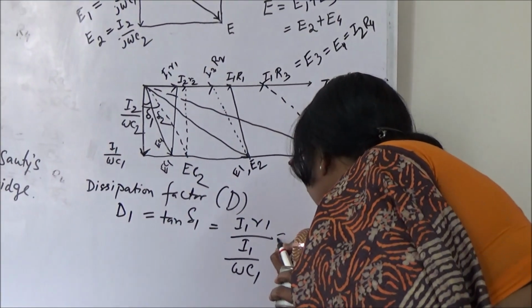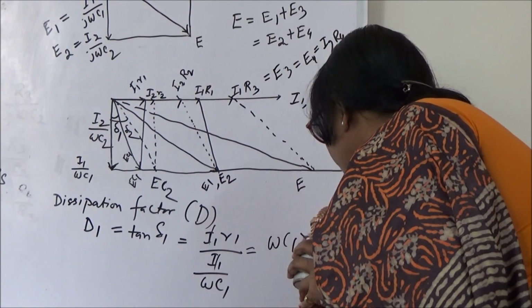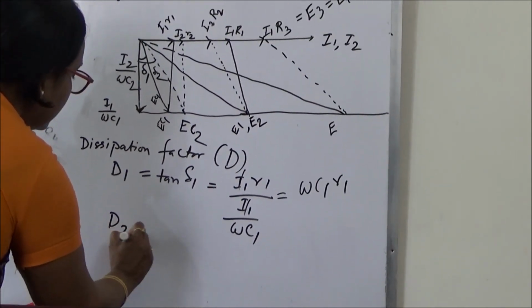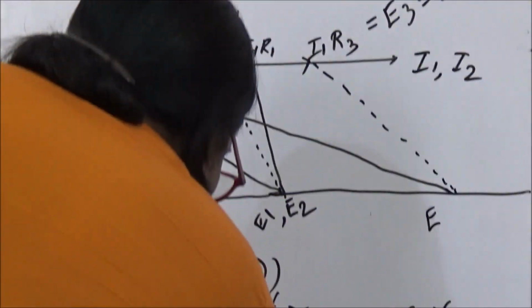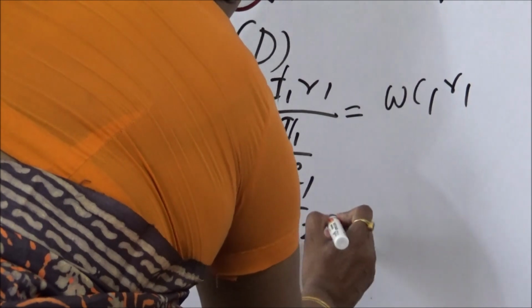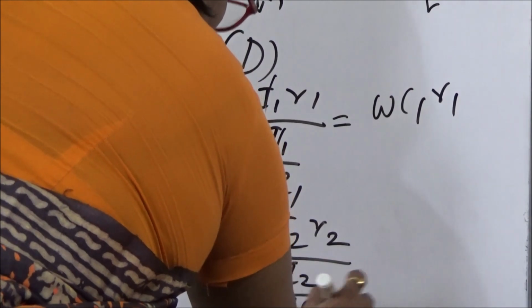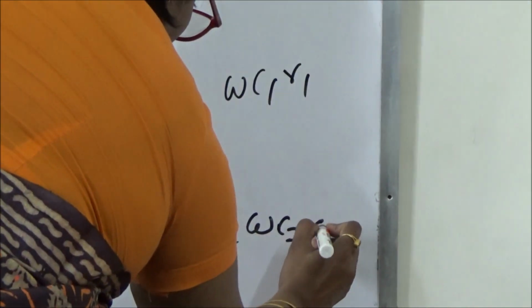So from this I am getting I1 cancel. So omega C1 R1 is the dissipation factor for capacitance 1. Now D2, similarly D2 is equal to tan delta 2. This is equal to I2 R2 by I2 by omega C2. So this is equal to omega C2 R2.